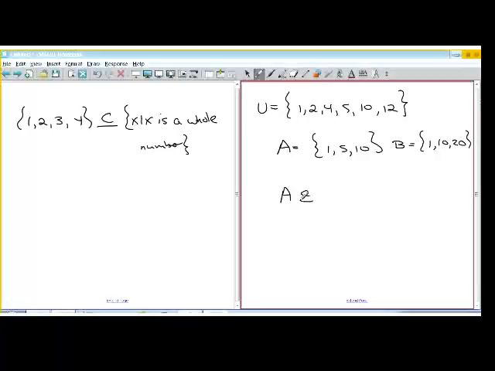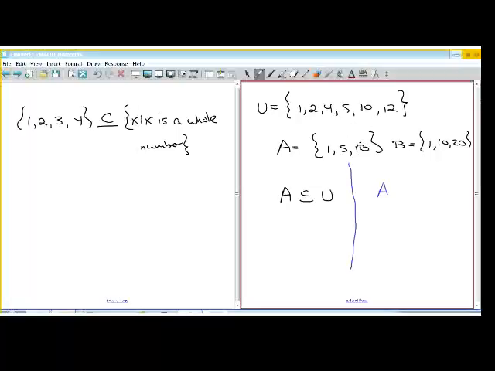So if I said, A is a subset of U, and I asked you whether it's true or false, what you do is ignore that, look at your sets, and make some conclusion yourself. So you ignore that for right now. You come over here and say, okay, how is A a subset or not a subset?